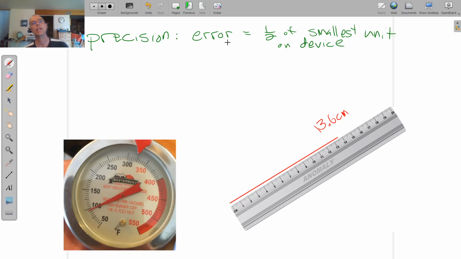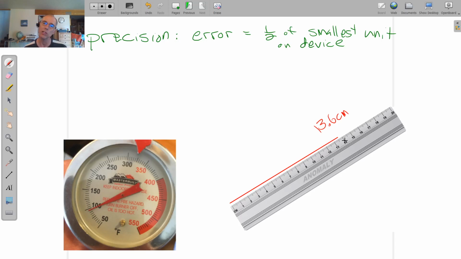So the idea is when you measure something with a tool like this, that final digit is almost never perfect. And so the general rule is that we assume that it's within half of that smallest unit.